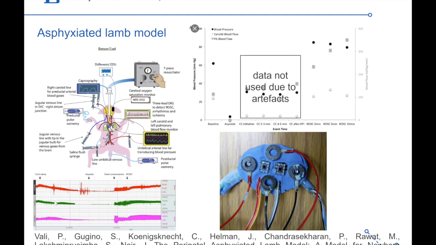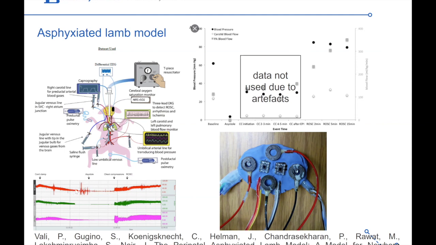Here you can see there's a cord clamping leading to hypoxia, and then there's asystole, when the subject loses heart activity, and then there's chest compression to revive or resuscitate the subject back to spontaneous circulation. And then you have this state where we wanted to see if the subject has really returned back to the initial baseline state before cord clamping or not.